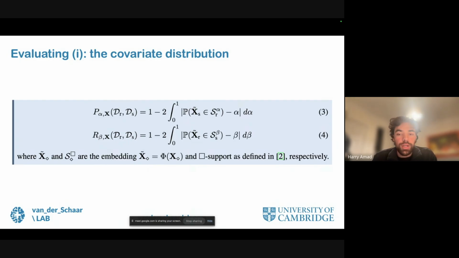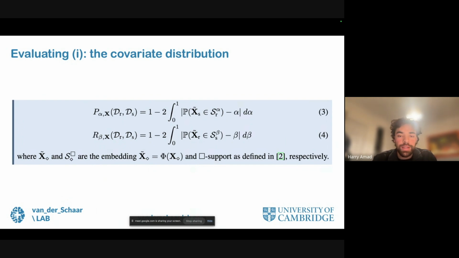Basically, what these metrics individually mean: a synthetic data set with high precision means that it generates data in the high density regions of the real data, so it means that all the synthetic data is highly realistic. If, on the other hand, the recall is high, it means the synthetic data generates data across the spectrum of the real data distribution, so it really covers the real data distribution, and it doesn't ignore any parts of it.